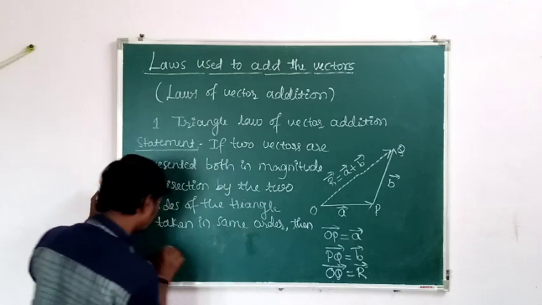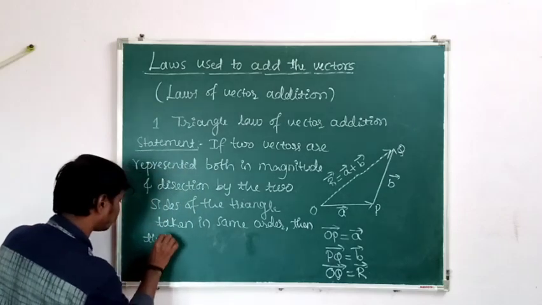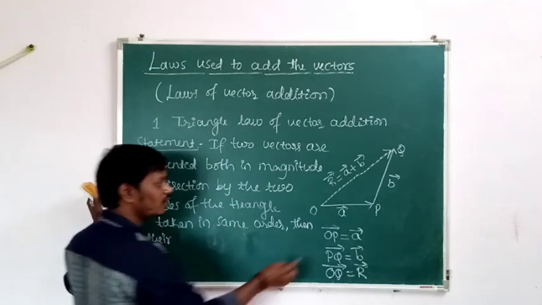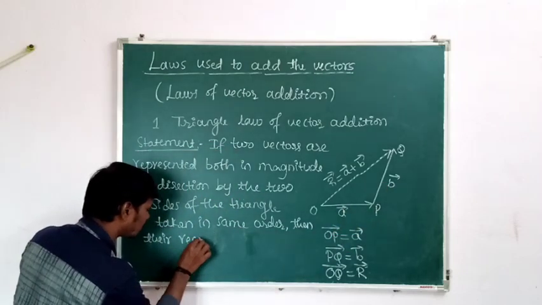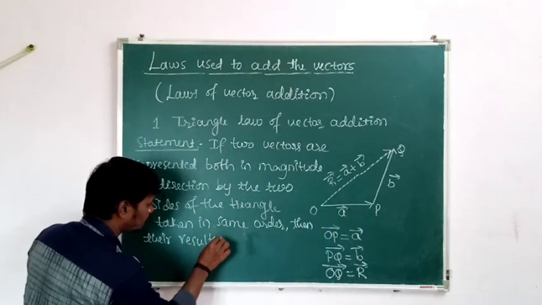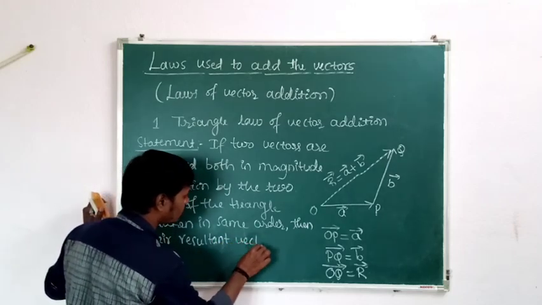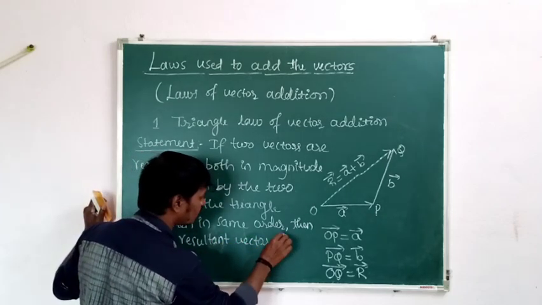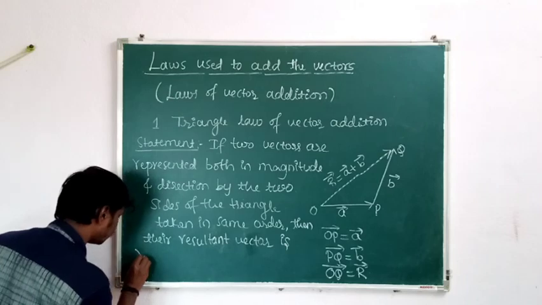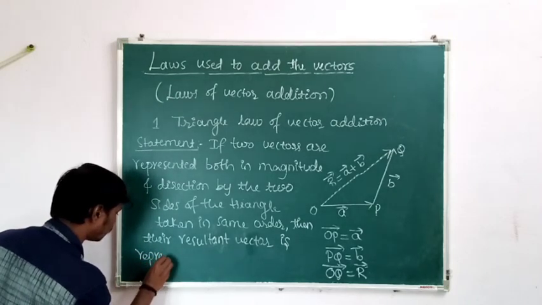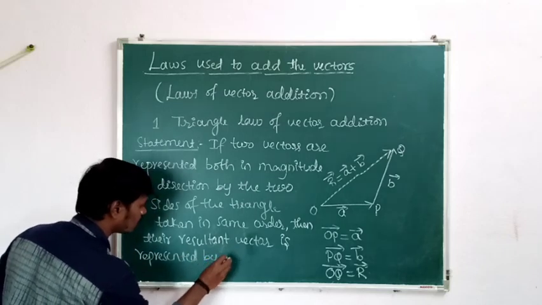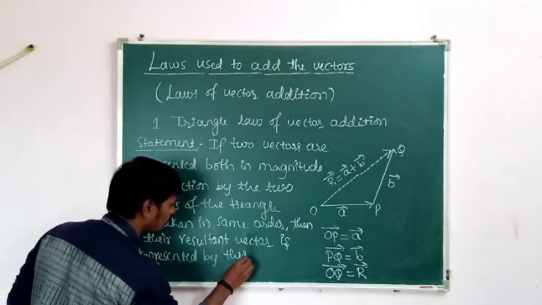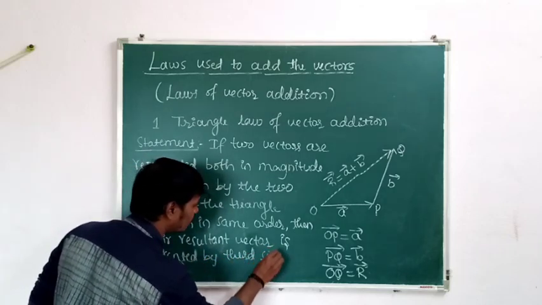Then their resultant vector is represented by the third side of the triangle. Which is the third side of the triangle here?